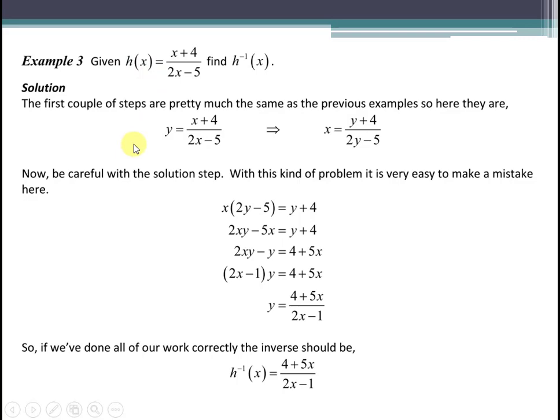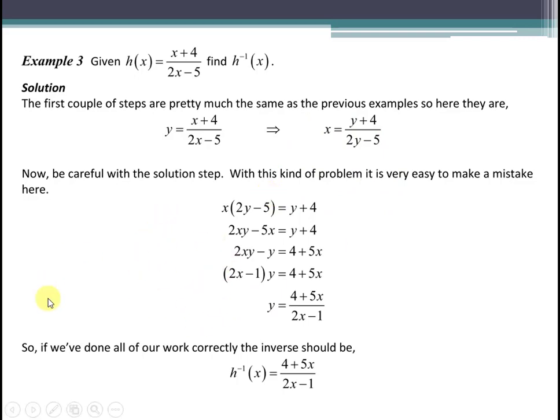So again, we change all y's with x and all x's with y, and then solve this equation with respect to y.